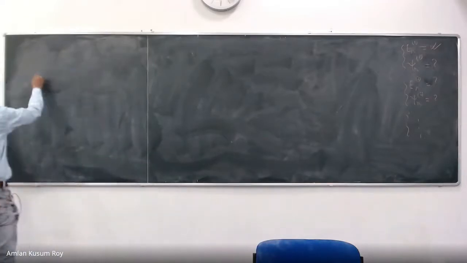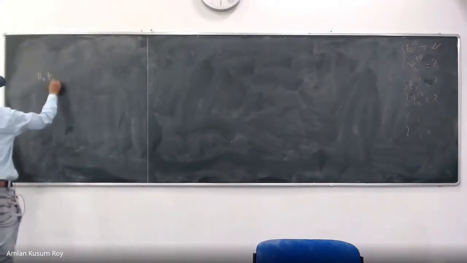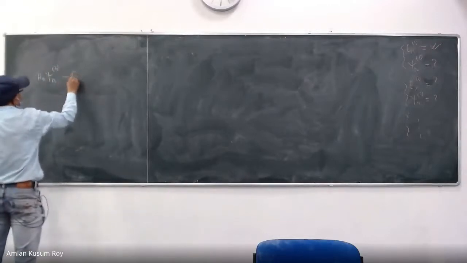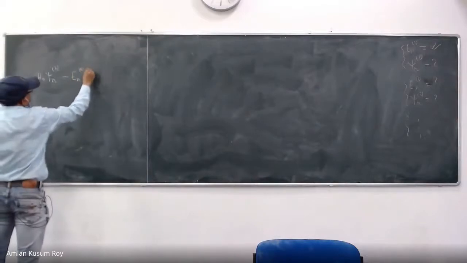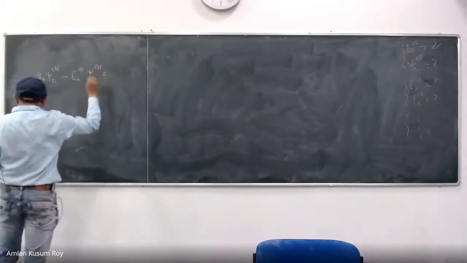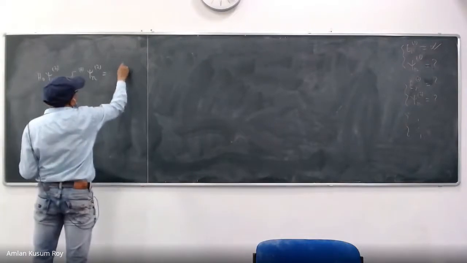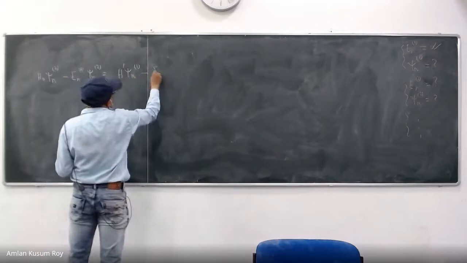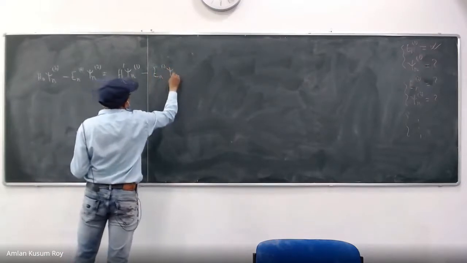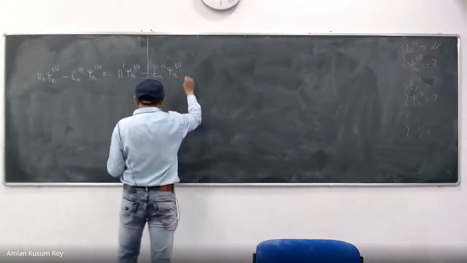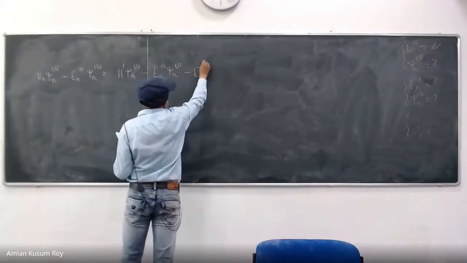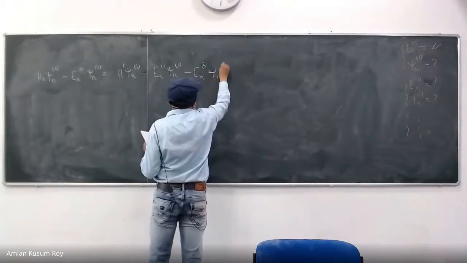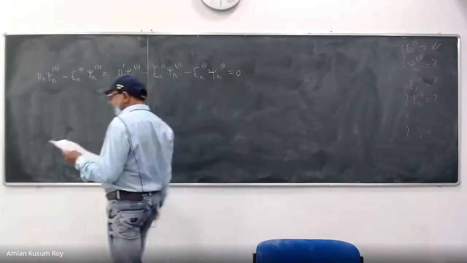So (H0 − En0) ψn2 = (H' − En1) ψn1 − En2 ψn0. It's just the rearrangement of that equation. This is the mother equation.